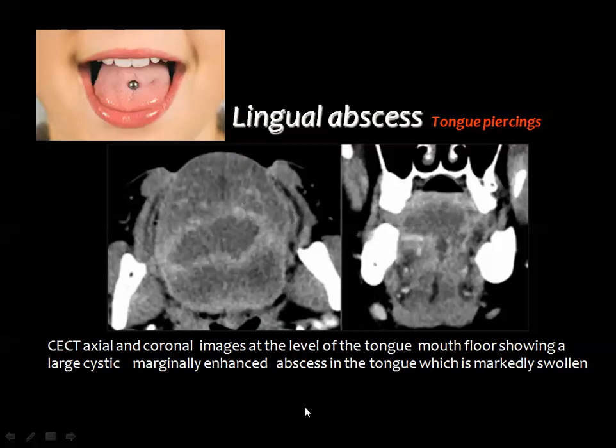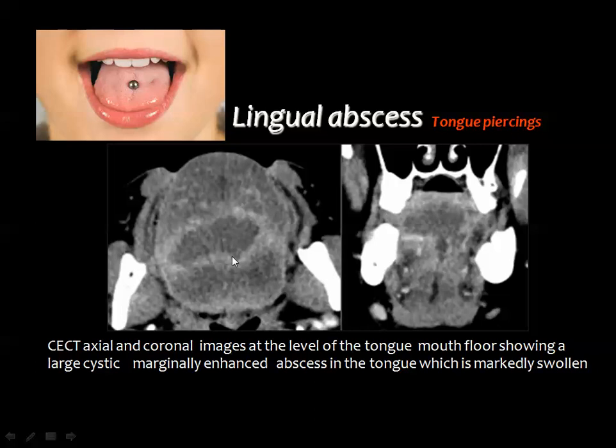One of the leading causes for tongue and oral cavity infection is tongue piercing, and many times these instruments may lead to a localized infection, and this infection will progress to form a big abscess in the tongue.